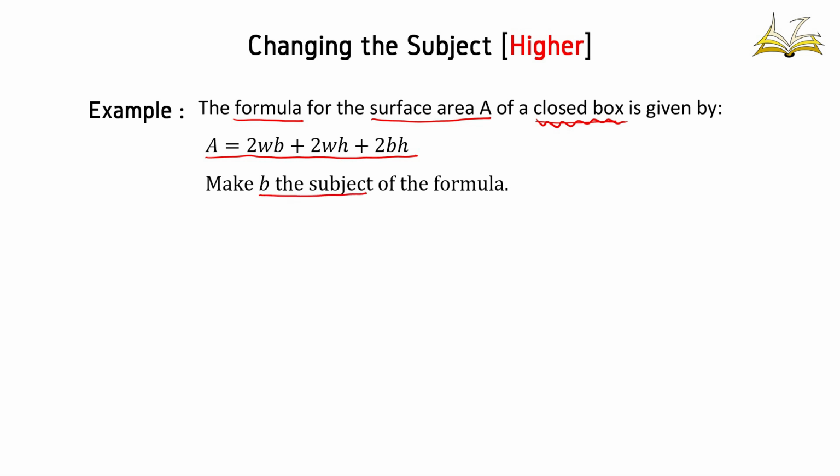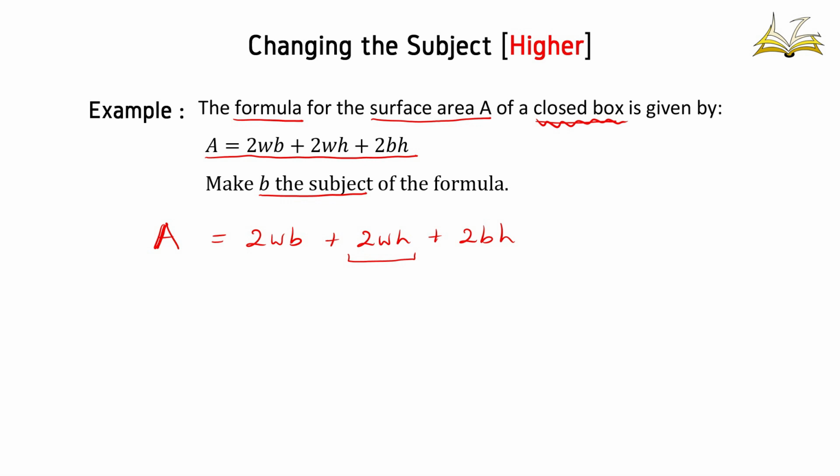So I'll show you how this is going to get done. So we have A equals 2WB plus 2WH plus 2BH. Now, this one's a bit trickier, but it just utilizes more of the things we've learned earlier. So what I'm going to do first is move my plus 2WH over to the other side, because it doesn't have a B in it, so I don't care about that, to be honest.